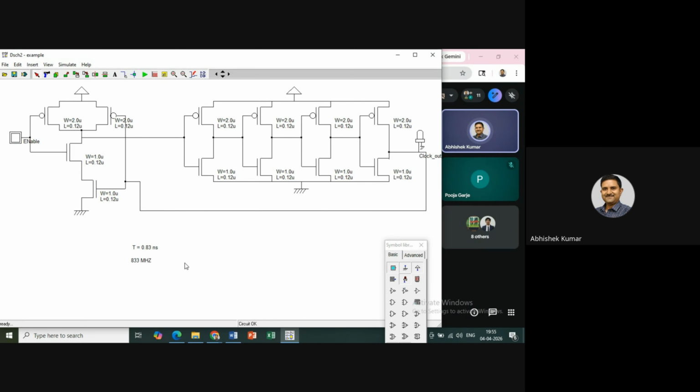Try to make a different number of inverting stages, where the first circuit will be a NAND so that you can enable it. Try to generate a different range of frequency via this configuration and try to obtain a report on your learning for this oscillator.